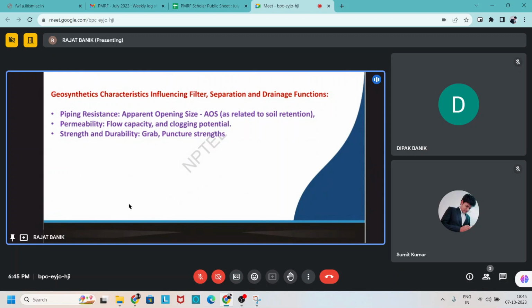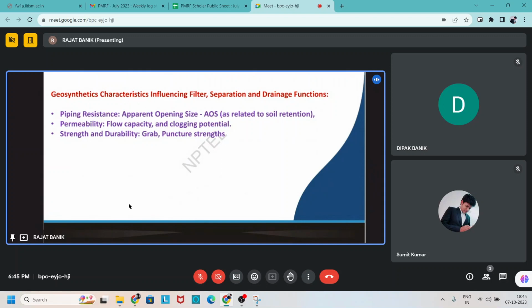And this opening size is called apparent opening size. Then permeability. To address the permeability, we need to check the flow capacity and clogging potential of the geosynthetic material. So to maintain the permeability, we can check the flow capacity or clogging potential of different types of geosynthetic material.